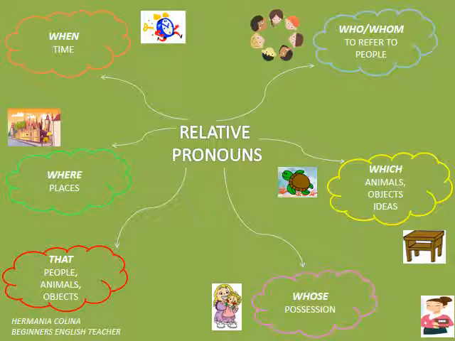That is used to refer to people, animals, and objects. Where is used when you want to talk about a place. And when is used to refer to a time: a date, a year, etc.